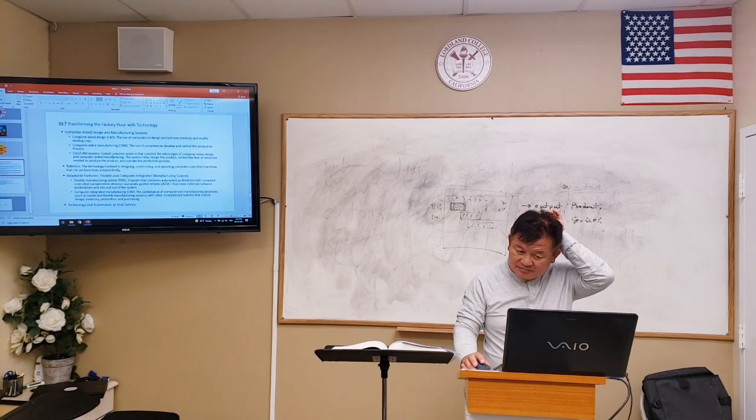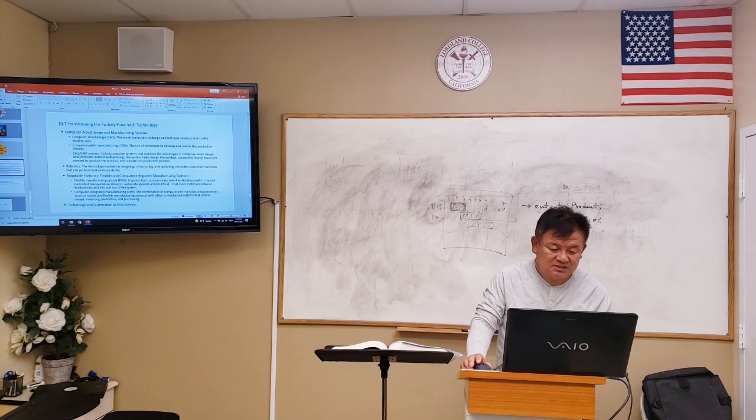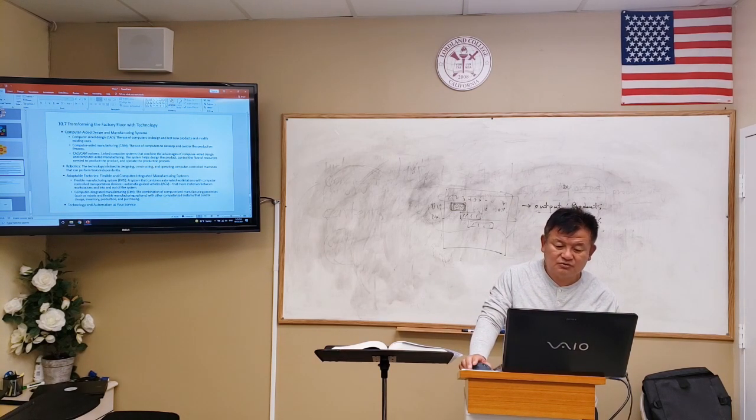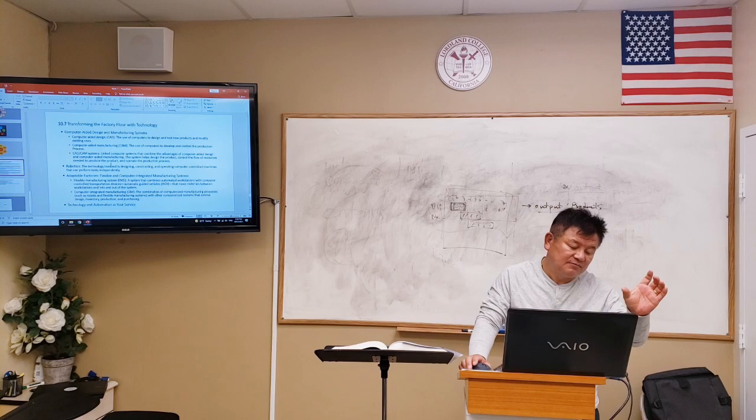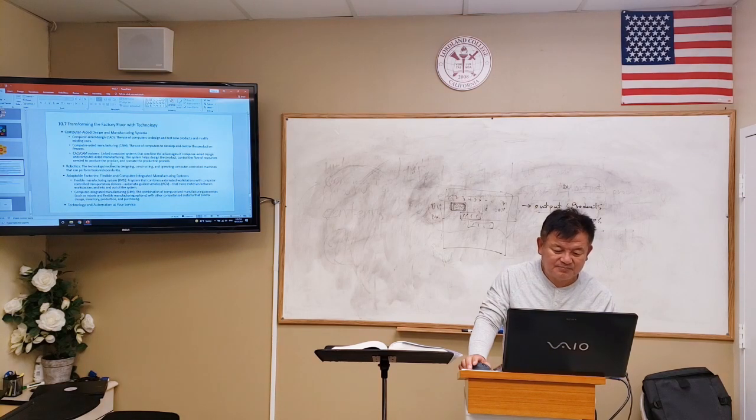The system helps design the products, control the flow of resources needed to produce them, and operate the production process. If we link the two systems, it is a very powerful technology.